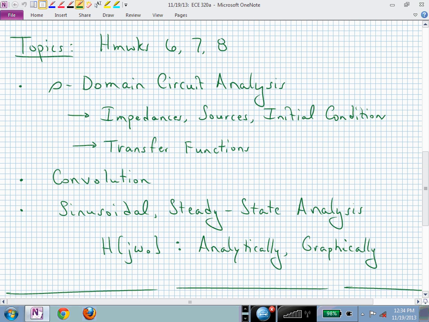Don't everybody leave. We'll be talking about Bode plots today, which will be on the final. Your understanding of Bode plots will provide you with a way of checking your work or understanding what you're doing more clearly, hopefully, on the exam.